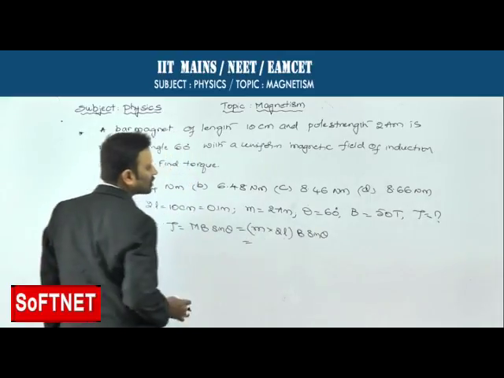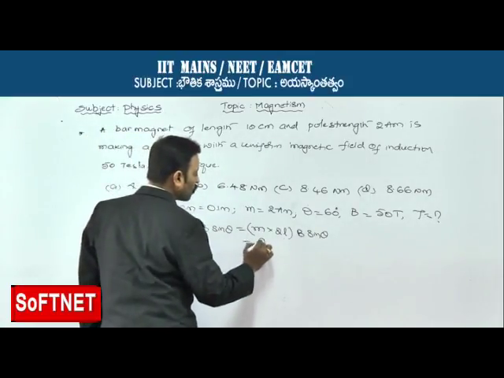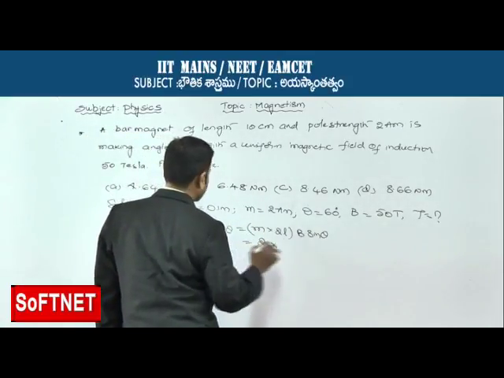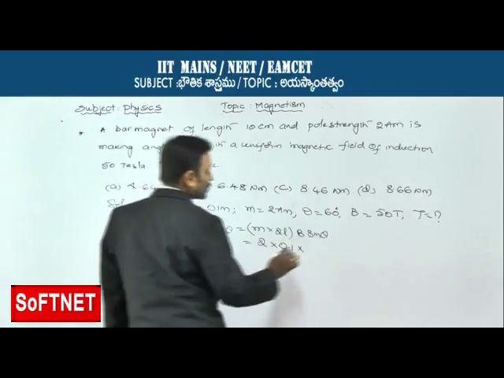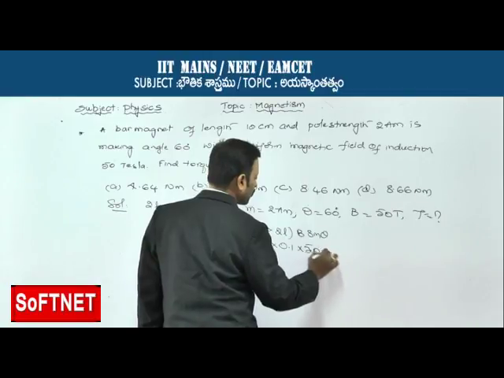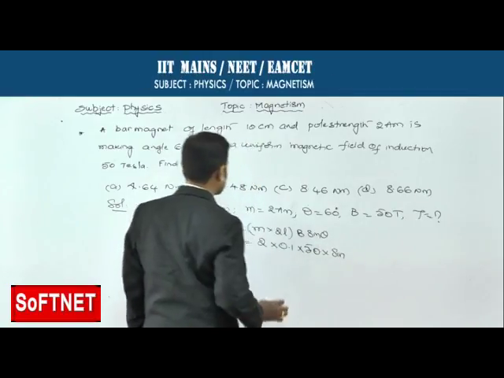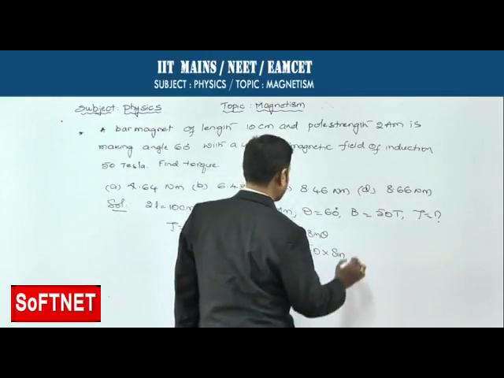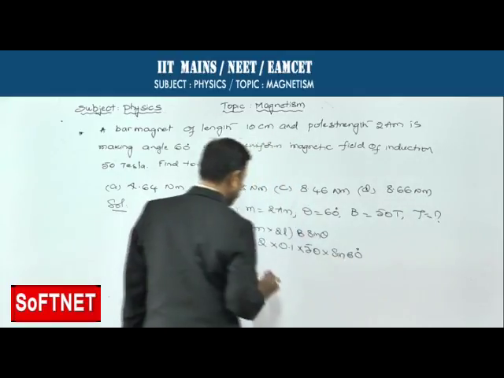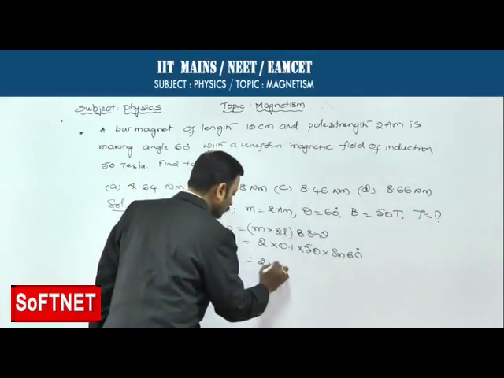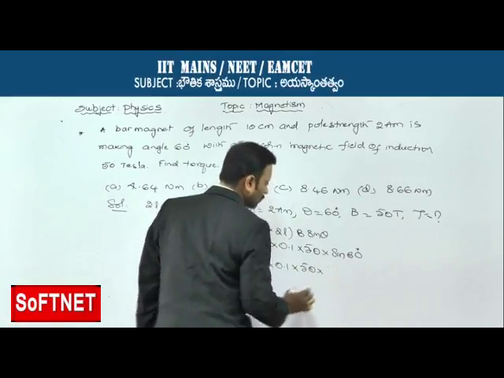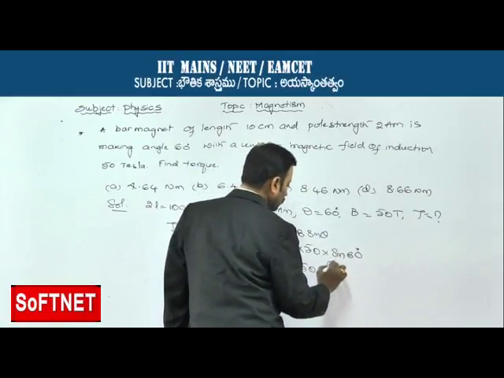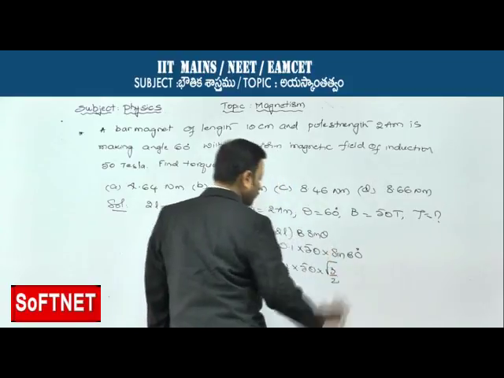The pole strength is 2, into the magnetic length 0.1, the induction is 50, into sine 60, which is root 3 by 2.